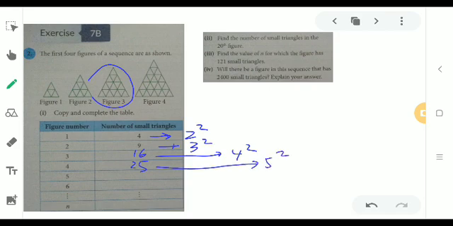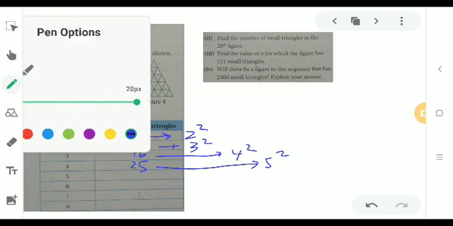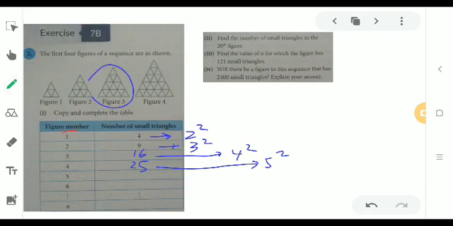So, what about the number of small triangles for figure number 5? One way is to try to draw figure number 5, or the second way is to find the pattern. If the figure number is 1, the number of triangles is 2 squared. If the figure number is 2, the number of small triangles is 1 extra of 2, that means 3 squared. Figure number 3, the number of small triangles is 1 extra of 3, which is 4, then you square it, that becomes 16.